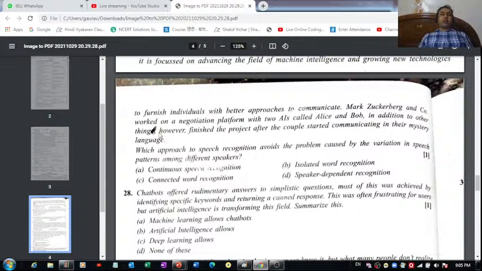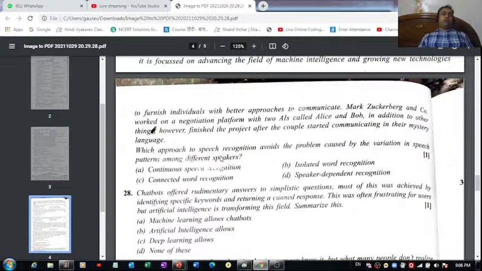Mark Zuckerberg and co-workers worked on a negotiation platform with two AIs called Alice and Bob. In addition to other things, however, they finished the project after the couple started communicating in their mystery language.